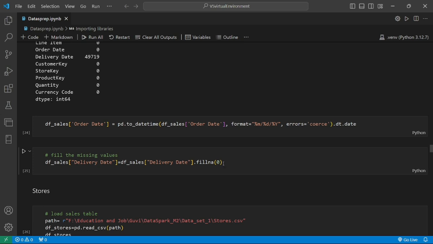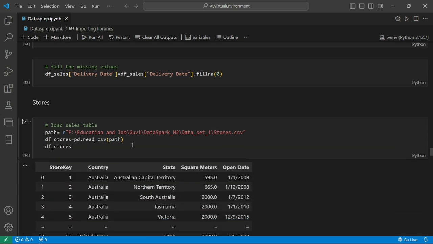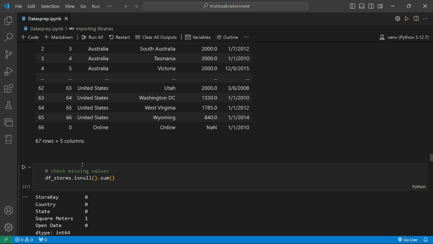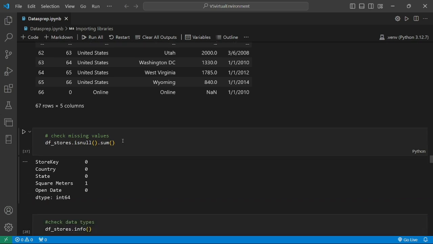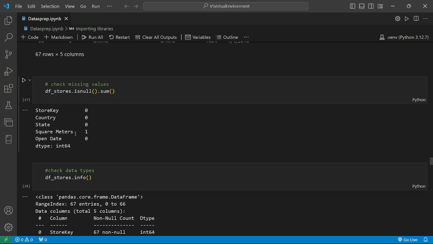If it's a binary or number value, it's okay. If it's a null value, it will show an error, so we are going to fill it with 0. And for stores, the same process: check if there is anything null, and fill 0.